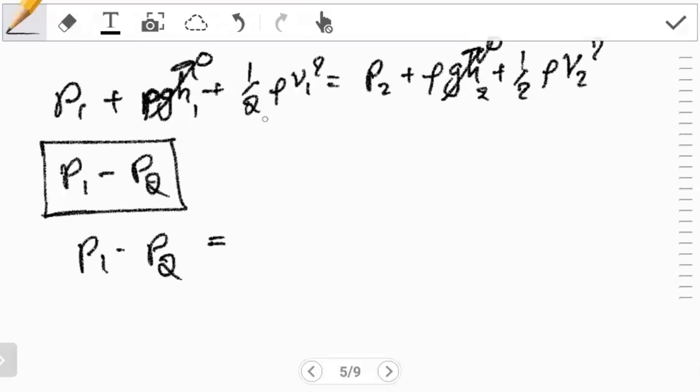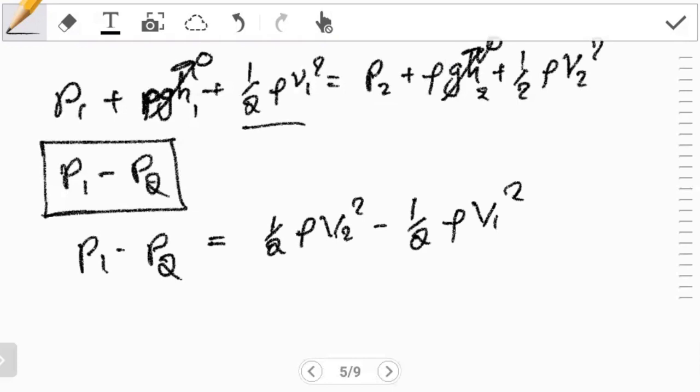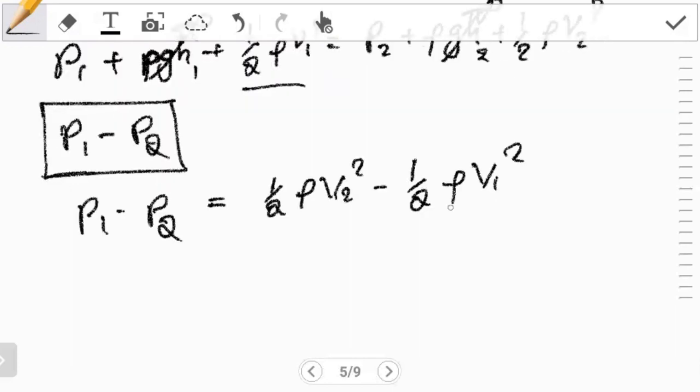So I can move this kinetic term to the other side, meaning that what I now have is half rho V2 squared minus half rho V1 squared. So this is now what I have. Again, the density is the same, and I can factor out half rho. Now what I have is V2 squared minus V1 squared.